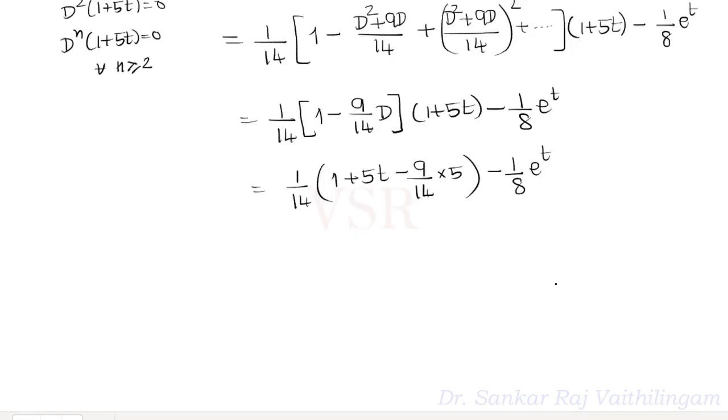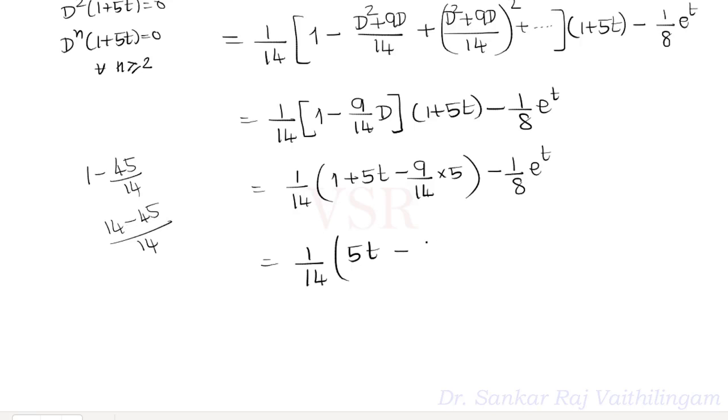Let us simplify. This is 1 by 14 into 5t, which is the variable part. Here 9 times 5 is 45. So 1 minus 45 by 14, that is 14 minus 45 divided by 14, which is minus 31.